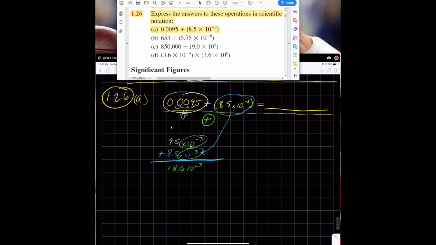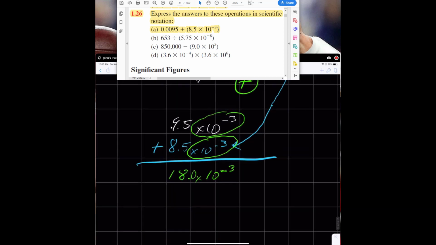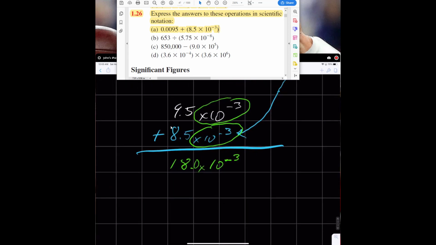So we're not finished yet though. Let me just fix that 0. So as you can see here, we have 18.0 times 10 to the minus 3 power. This isn't in scientific notation yet. Why?